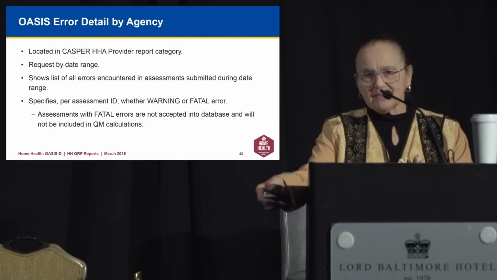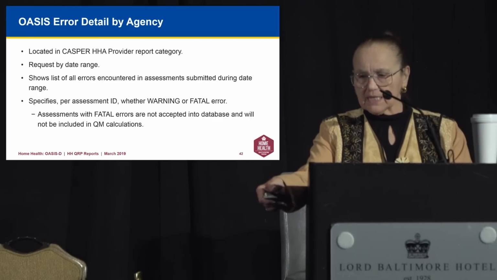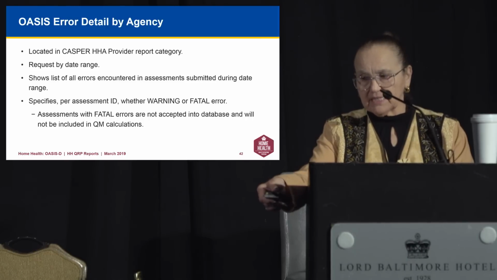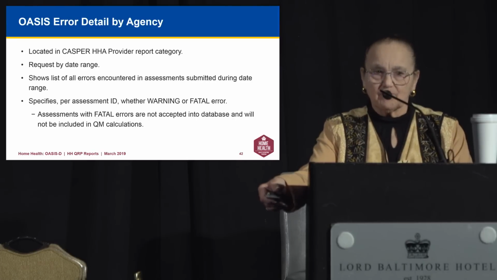You want to look at this on a regular basis. This gives you a list of all the errors encountered in the assessments that were submitted during the date range you selected.